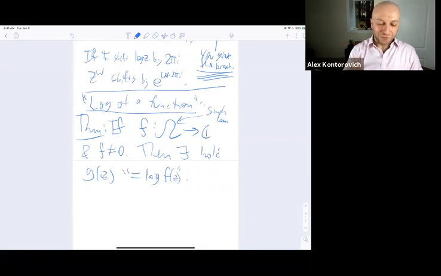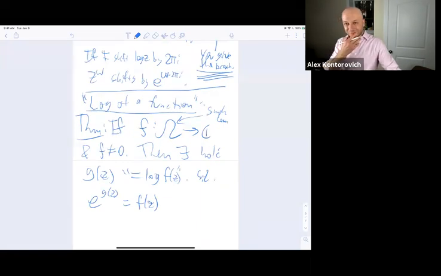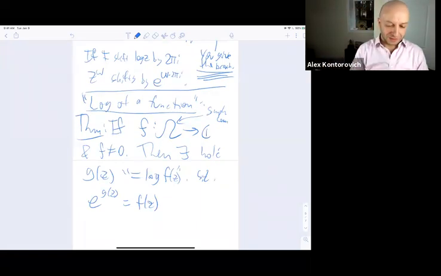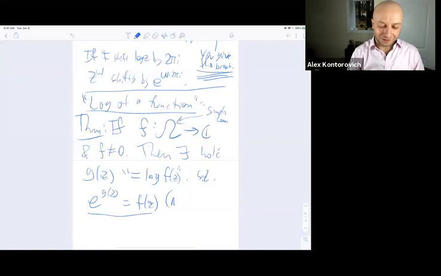There exists a holomorphic function g such that if you take e to the g of z, which is a perfectly fine thing to do to a holomorphic function, it's just a composition of two holomorphic functions, you recover f. Okay, does that make sense? g is not unique. You shift g by 2 pi i, you get the same thing, so not unique.